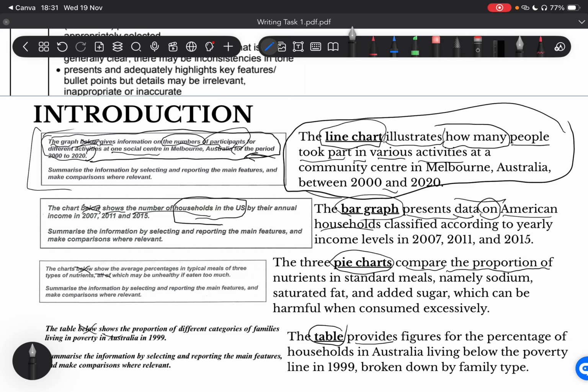How else can it be paraphrased? Of course, in the US could be an adjective and describe households, like American. American households by their annual income. Well, by means the way they were grouped, divided into groups. So it's like classified according to, instead of saying by, annual, yearly, income levels.